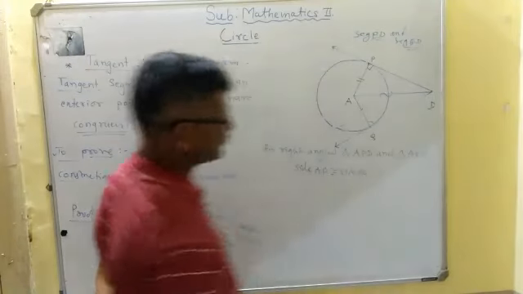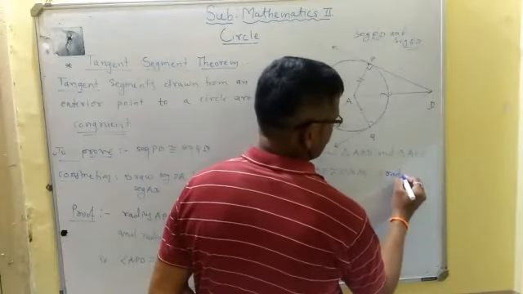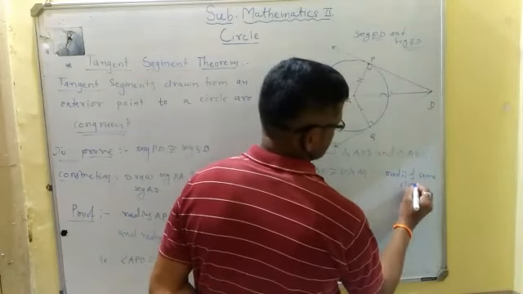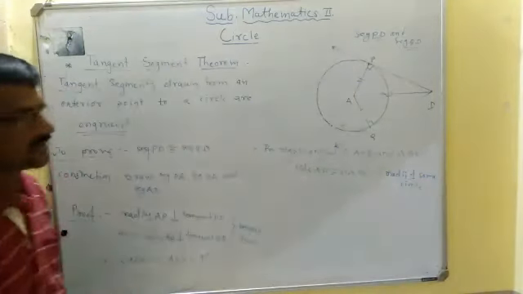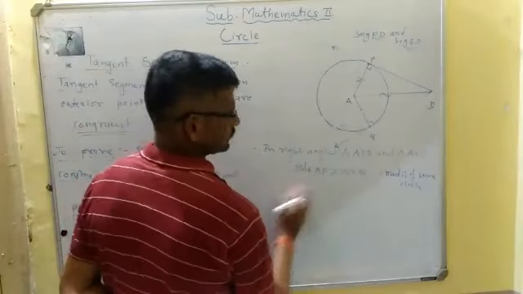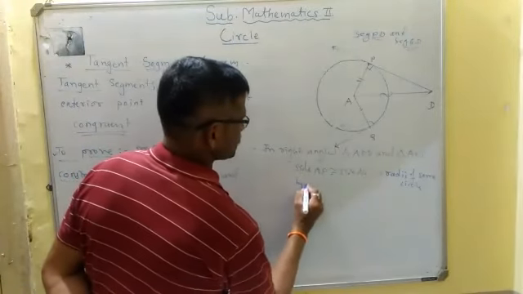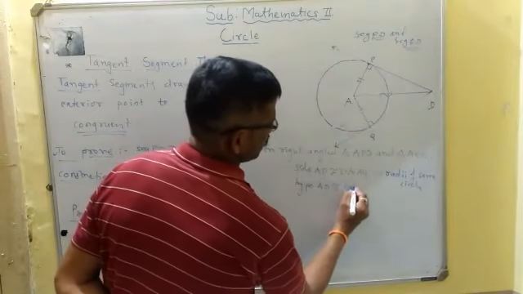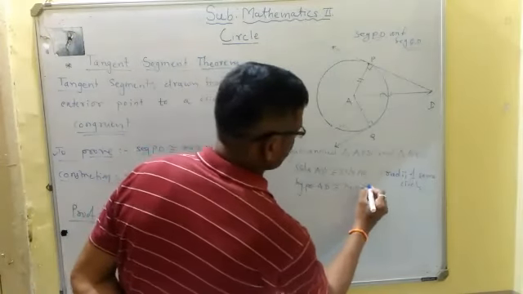The reason: radii of the same circle, and hence they are congruent. And hypotenuse AD is congruent with hypotenuse AD.